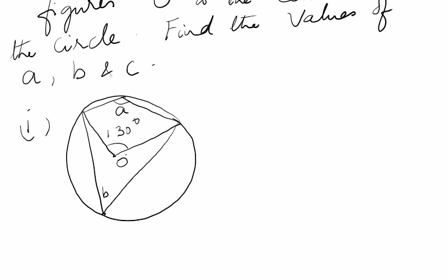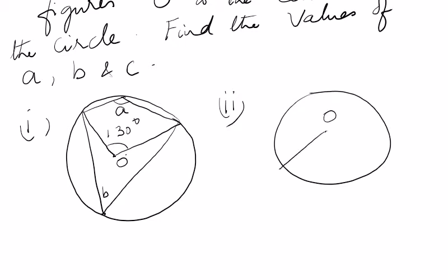Now the next question, question number 4, has two figures. One figure I have drawn, the other figure is this. So now we have to find the unknown values A, B, and in this second one C. Okay.